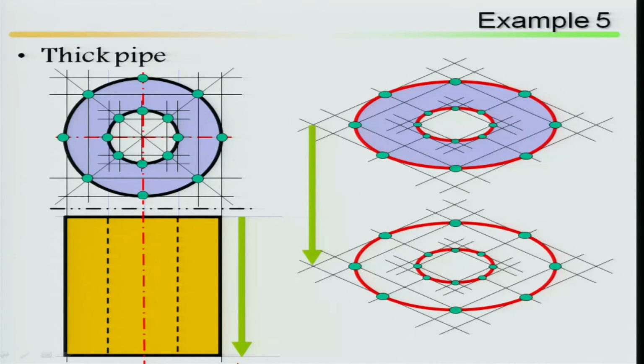Once you have finished the top and the bottom, it will be very easy. Draw the tangents. First draw the tangents from here to here, then draw the tangents from here to here. Once the tangents are done, you visualize which part you are going to show.